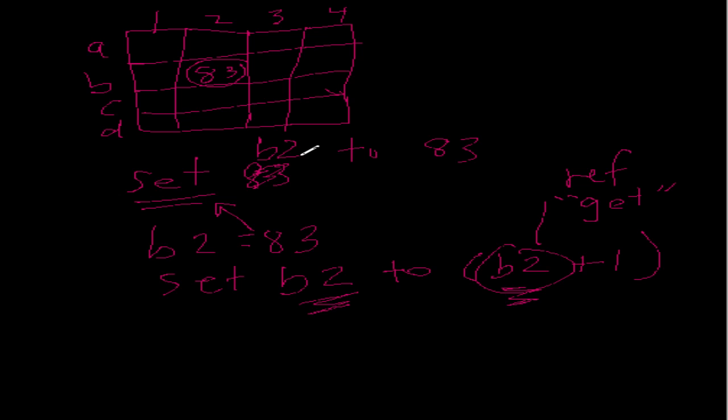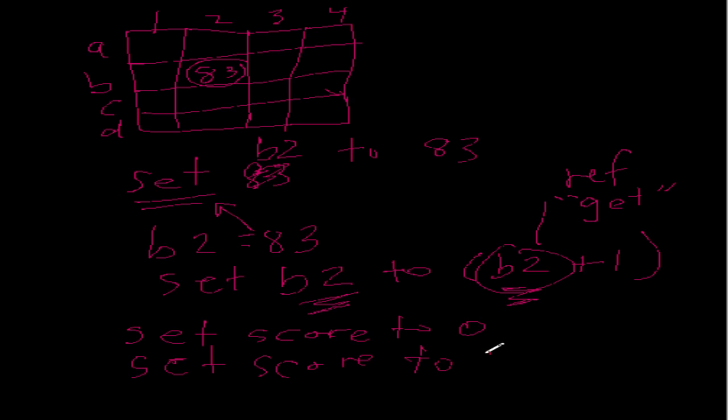Now, of course, in programming, we don't have to name things like spreadsheets. We can actually just say set score to 0, or set score to score plus 1.